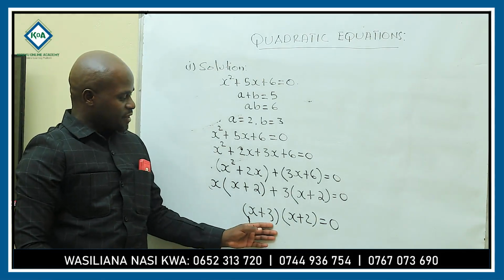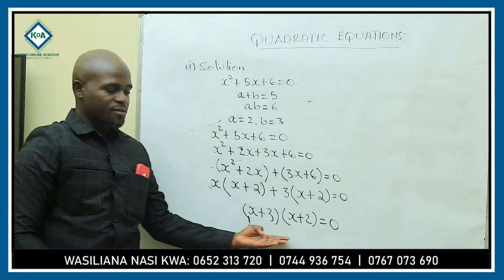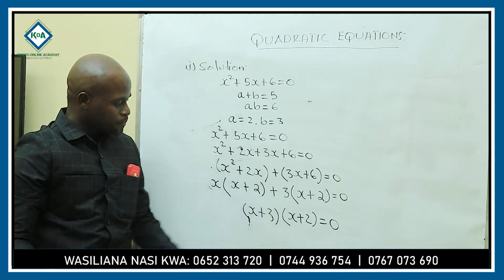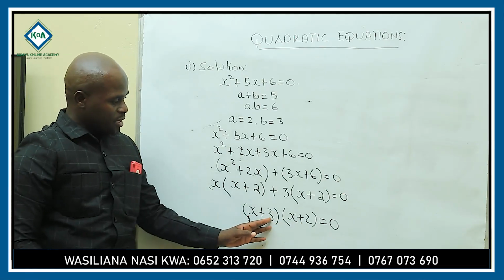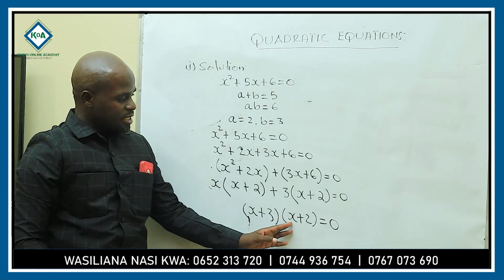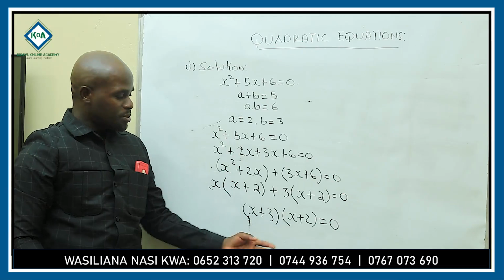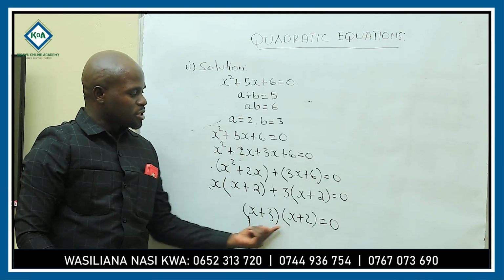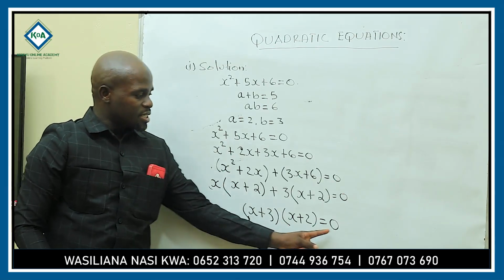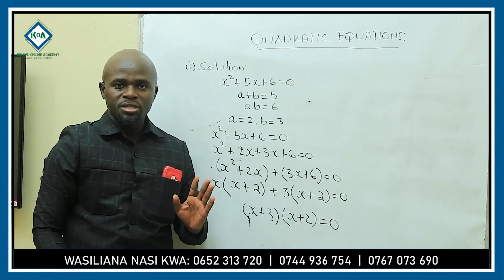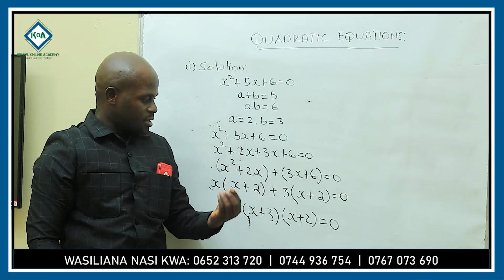Now after getting the factors, we have to use these factors to find the solution. How? Look here, it is x plus 3, and here it is x plus 2. Here it is multiplication. It means if you multiply two numbers and the answer is 0, one of these two numbers must be 0. That is the reality.